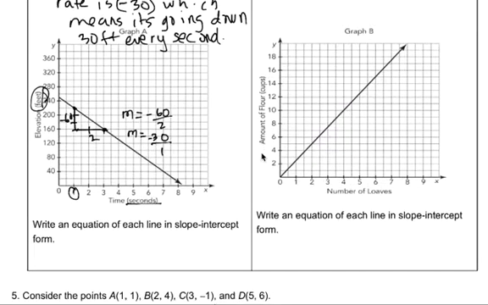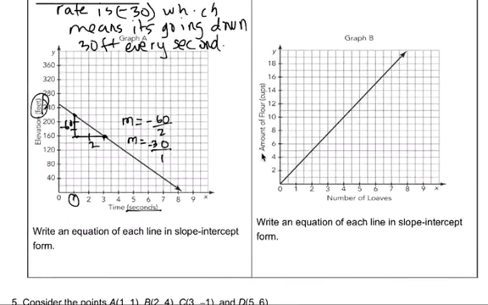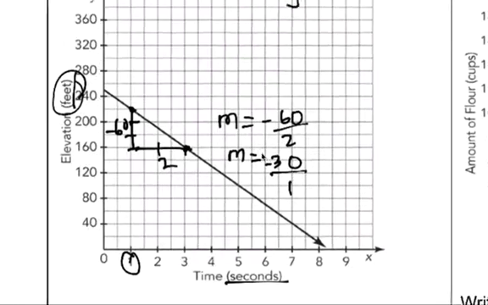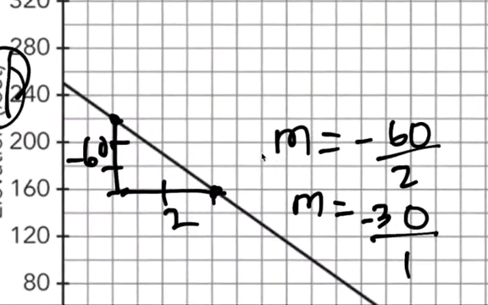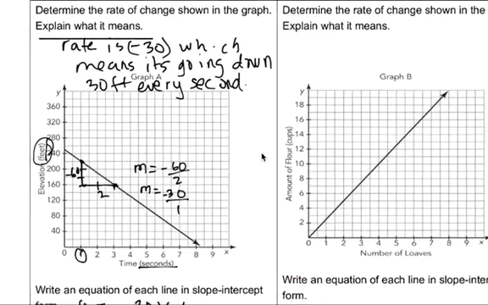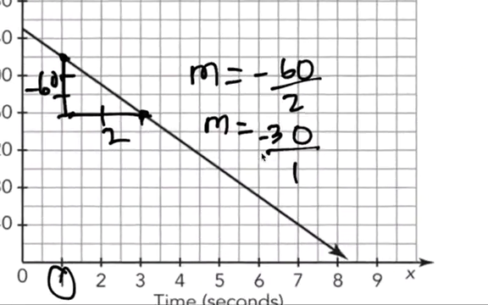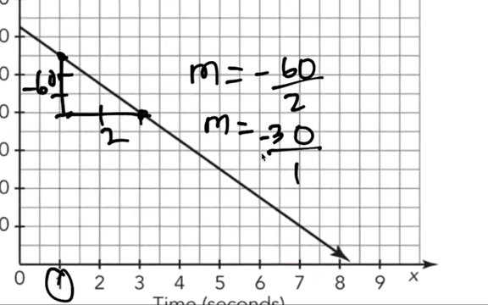Okay, write in slope-intercept form. Oh, y equals negative 30x plus, we need to find b. B in this case is unknown, so I'm going to use these coordinates to help me find exactly what b is. 3, 160.